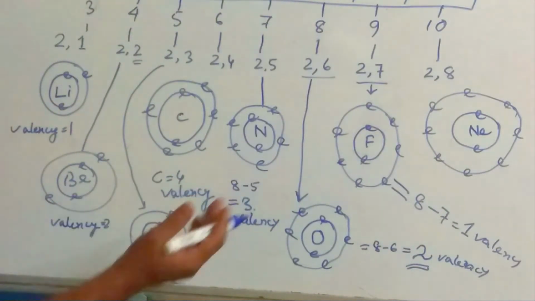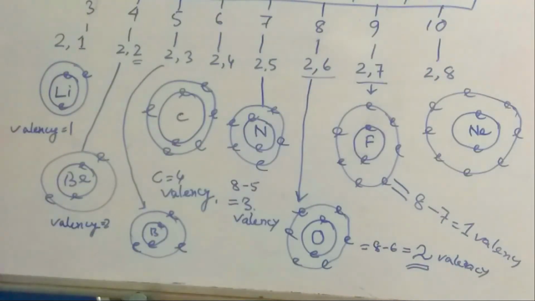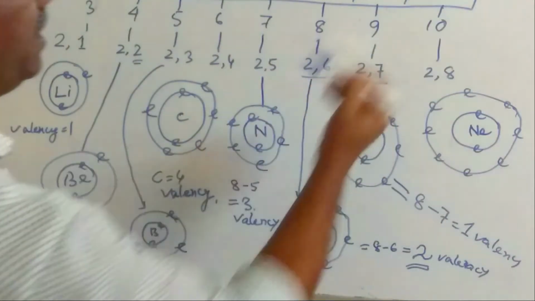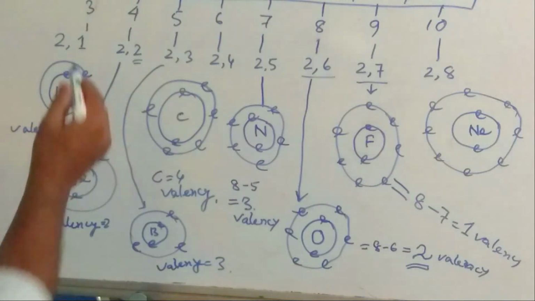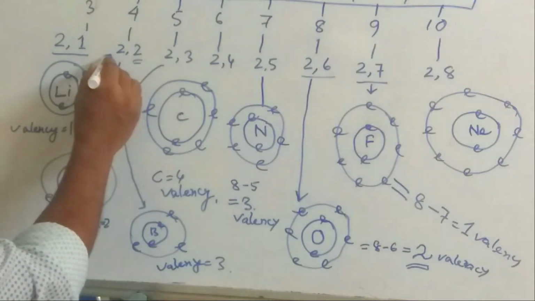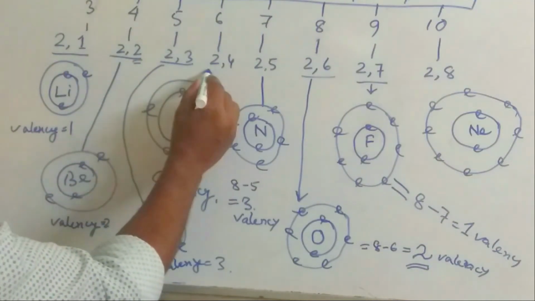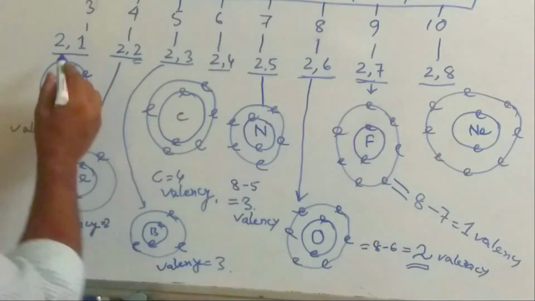It is easier to donate 3 electrons to attain the structure of helium rather than attaining the electronic configuration of neon. So its valency is also 3. So from this period and seeing the electronic configuration, you can find out the valency of the element also.